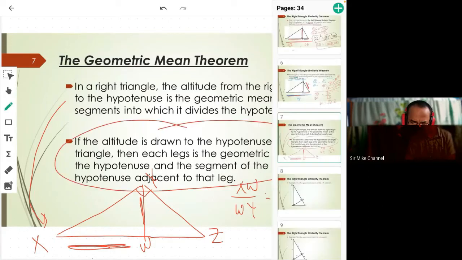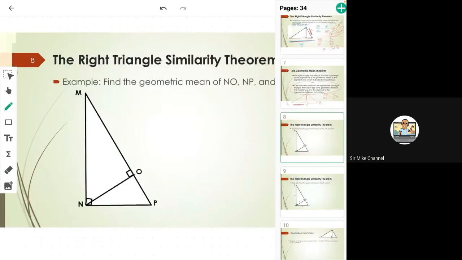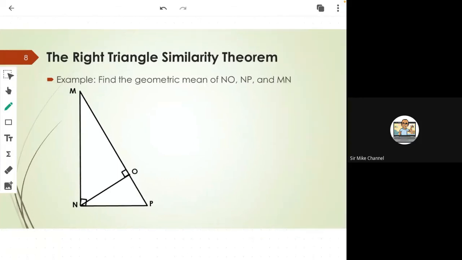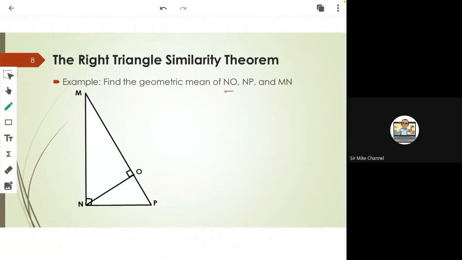So, for example, ito yung part natin. So, find the geometric mean of NO. Line segment NO, line segment NP, tsaka MN. Okay, so for example, number 1, ito muna tayo sa NO. So, gagawa tayo ng formula ng line segment NO natin.